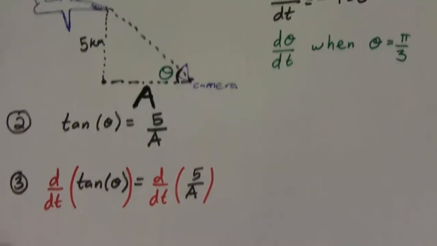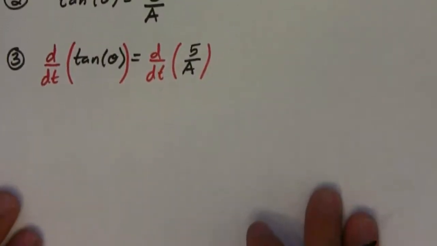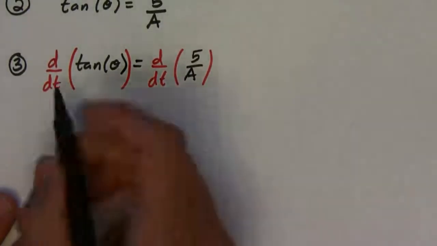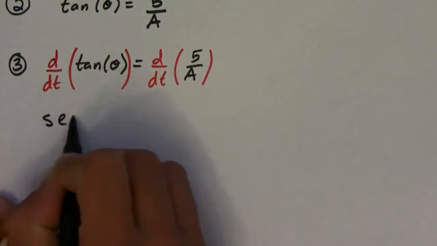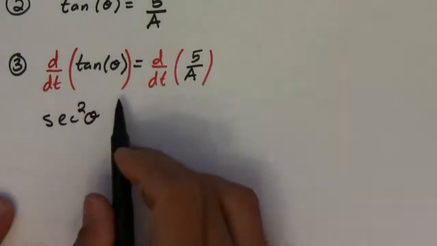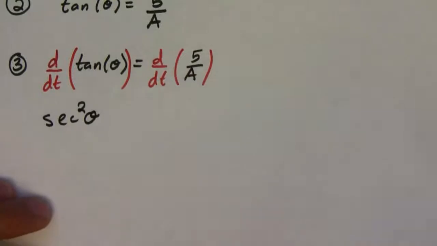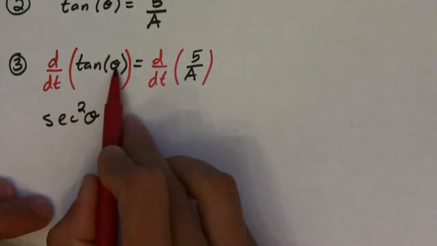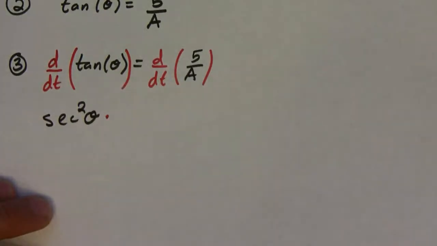Well, what we're going to get is the derivative of tangent. Well, that's secant squared theta. But then we have to multiply this by the derivative of the inside.